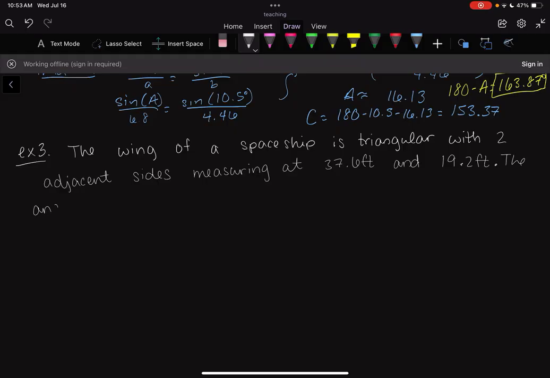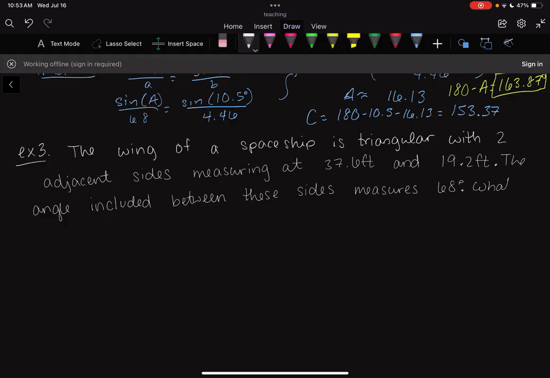The angle included between these sides measures 68 degrees.